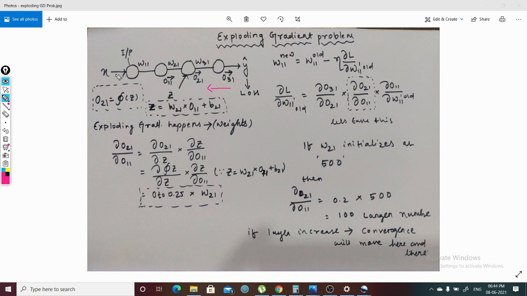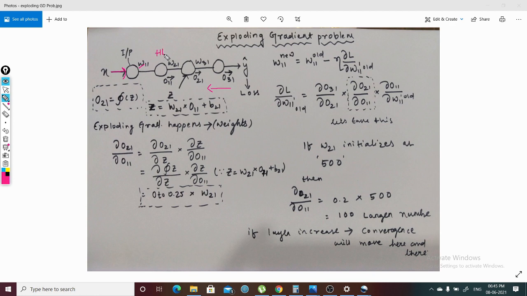This is the input, as I have mentioned. That input does the multiplicative summation with the weight, and that weight is added with some bias and passed to this hidden layer. In this hidden layer, we have some activation function.